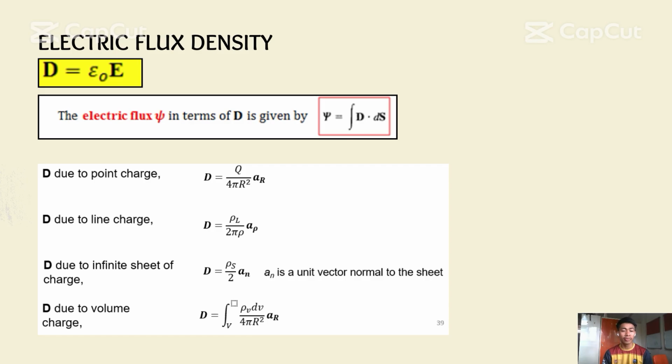D due to an infinite sheet of charge is D equals rho S over 2, times the unit vector. And the last one, D due to volume charge, is D equals the integral of rho V dV over 4 pi R squared, times the unit vector.